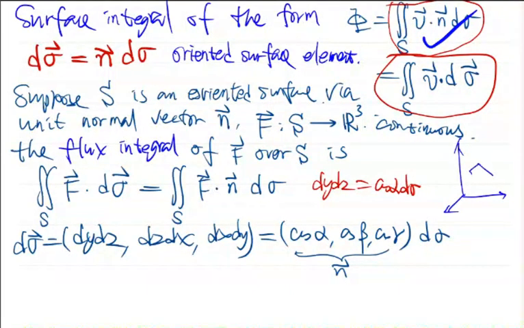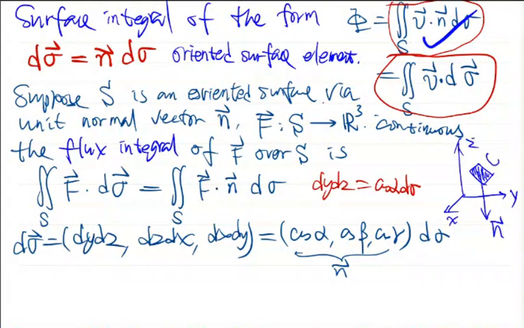For a piece of surface element, if the normal direction is n, cos α is the angle between the x-axis and n, and so the area multiplying cos α is the projection of this piece of surface in the yz plane.